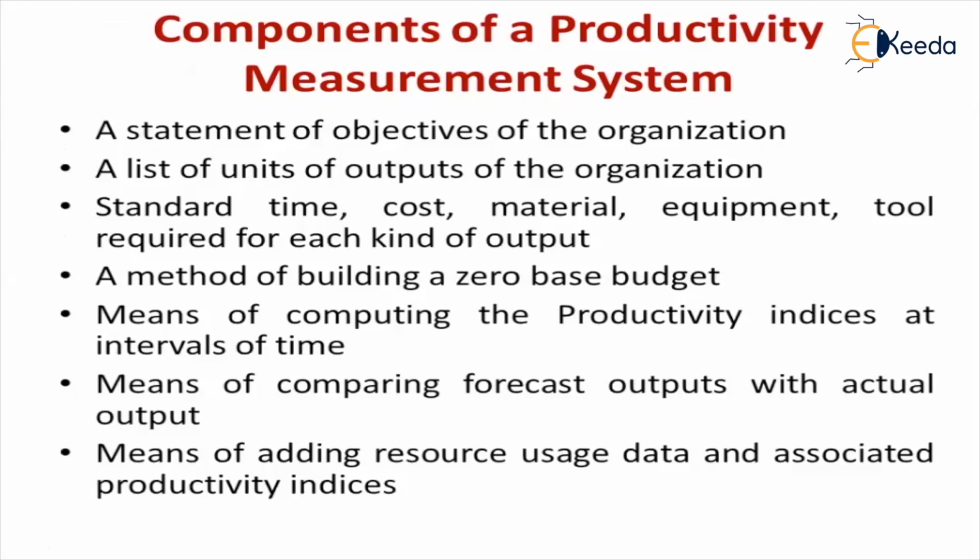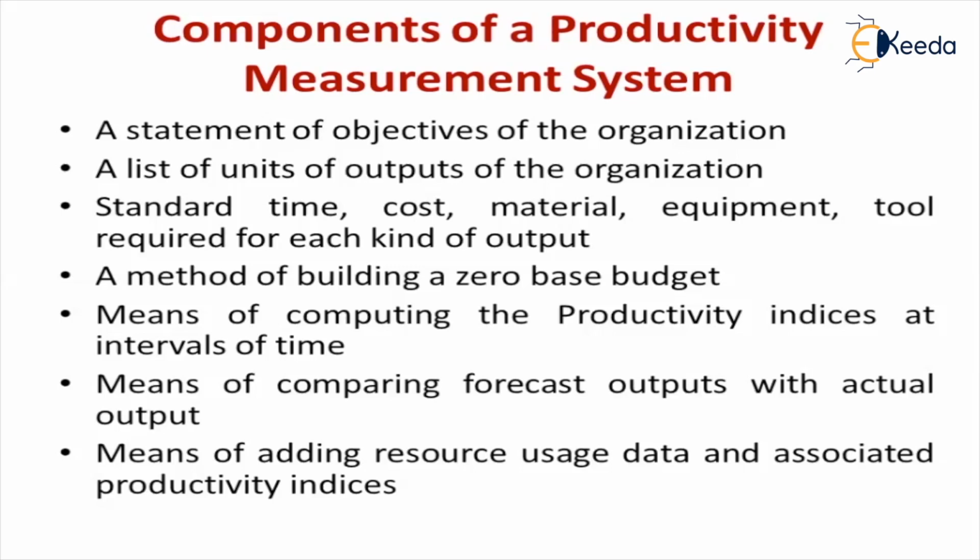Is it for the service, etc.? Second, the list of units of output of the organization, whether it is in terms of tons, kgs, or numbers. For example, car manufacturing can be defined only in terms of numbers. The metal pieces can be indicated in terms of kgs, like that.